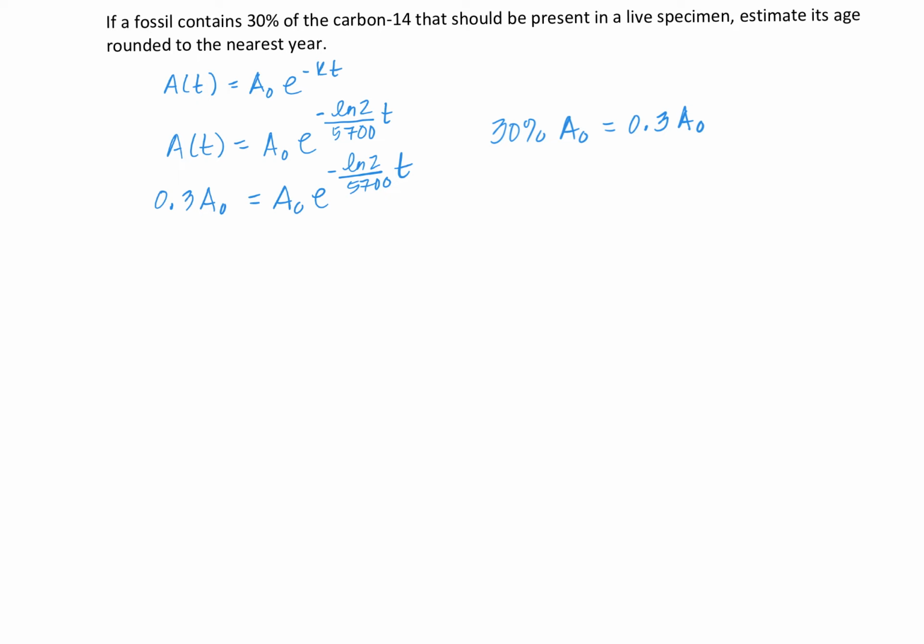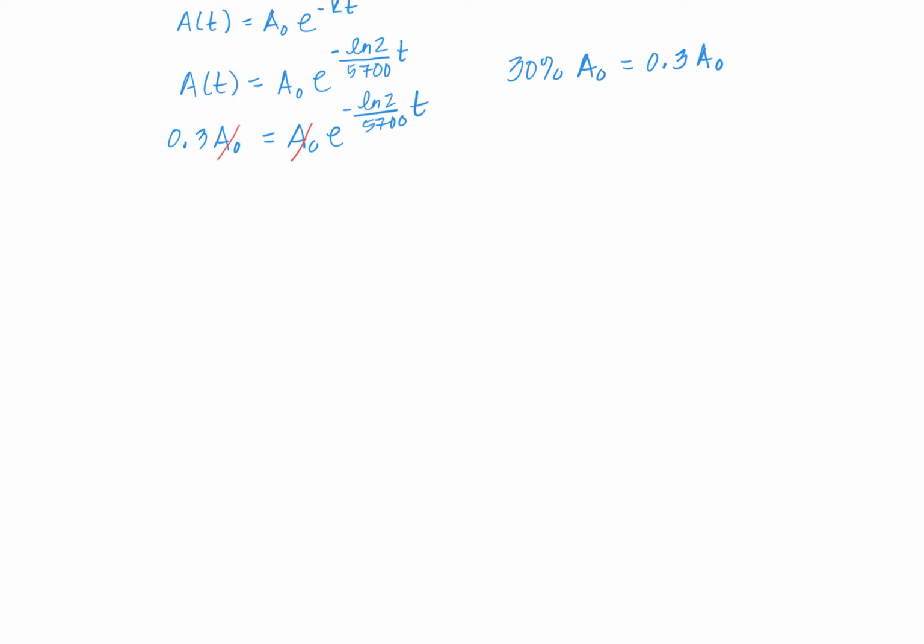So in this equation, if I divide A sub 0 on both sides, I have simplified it a bit so that I have 0.3 equal to e to the negative natural log of 2 over 5,700 t. So I'm trying to find how old this fossil is. I'm trying to find t, where t is in years.